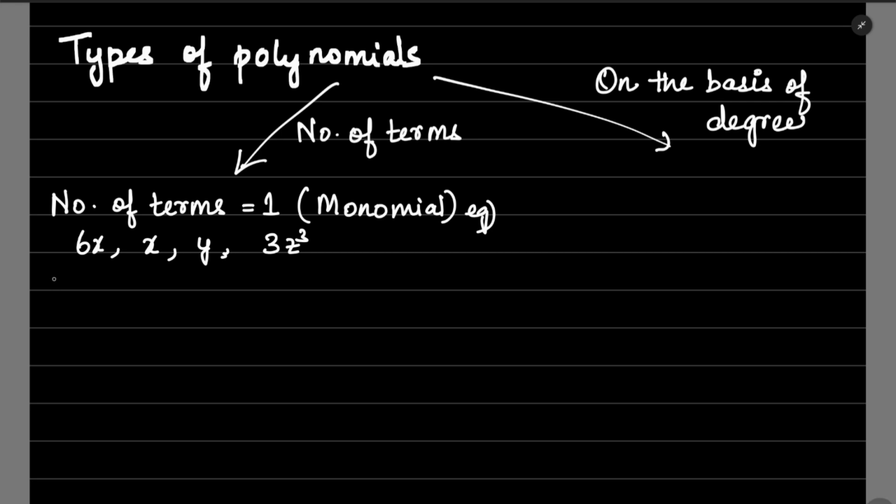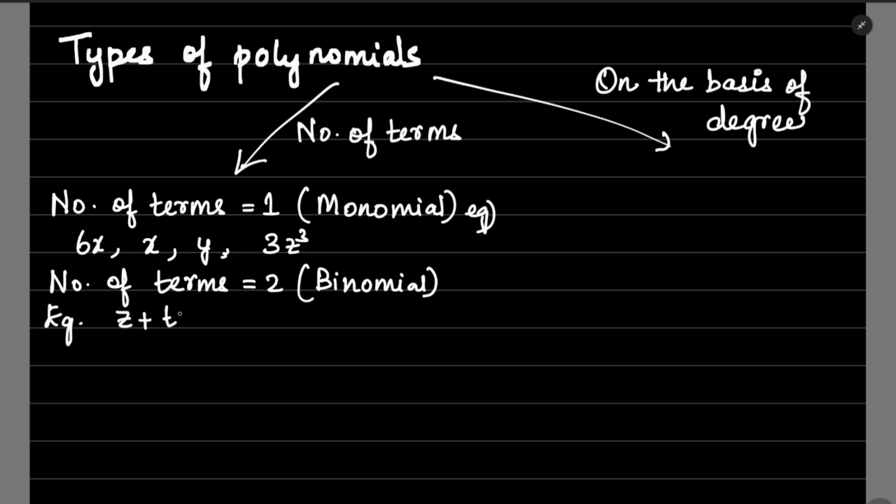If the number of terms is 2, then it is called a binomial. Bi means 2. An example would be z plus t square, or 7x plus 4. So it has a combination of two terms, so it's called a binomial.